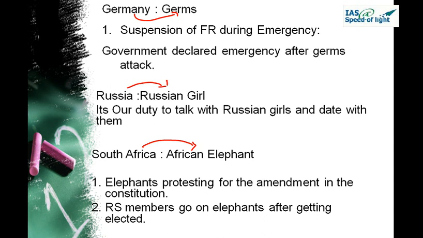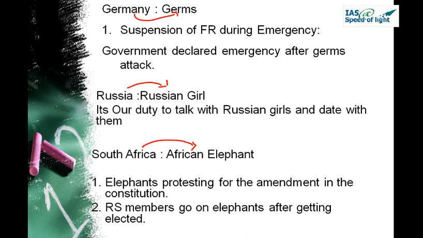Then all the press people are there asking them why they are concerned with the constitution, because the constitution doesn't apply to them. So the elephant is the picture for South Africa, and what we have taken is the amendment of the constitution. The second thing is the election of members of Rajya Sabha.